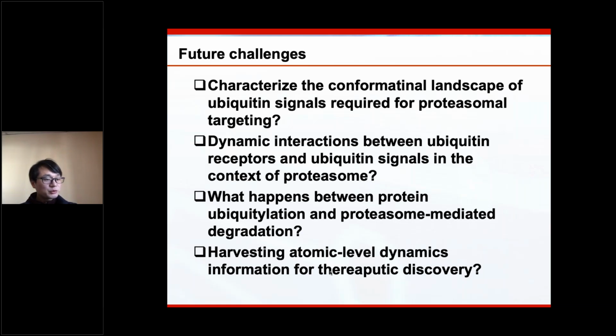Previously, we only used static structures to design drugs, but we know that many drugs interact with some intermediate state, transient state, or just change the energy landscape. So if you have many structures, say you have 60 structures of a proteasome, how is that going to impact your drug discovery? I think that's a lot of things to digest and a lot of information to really make sense of.